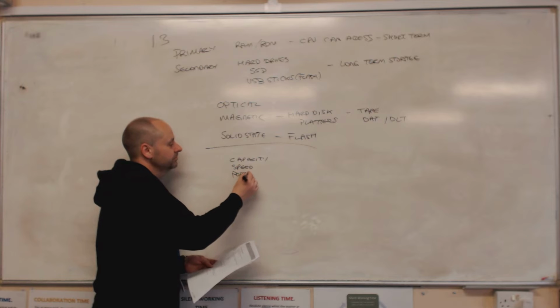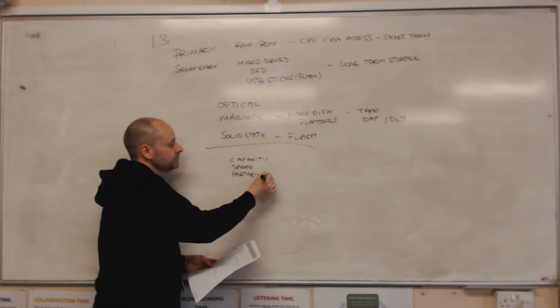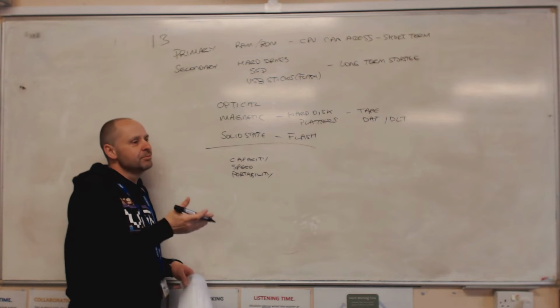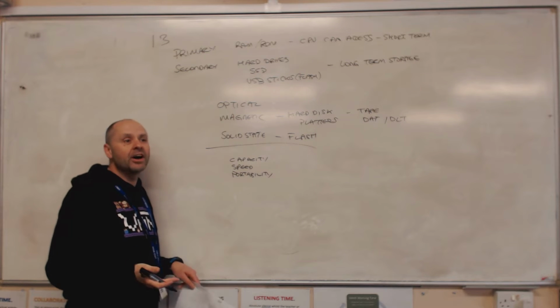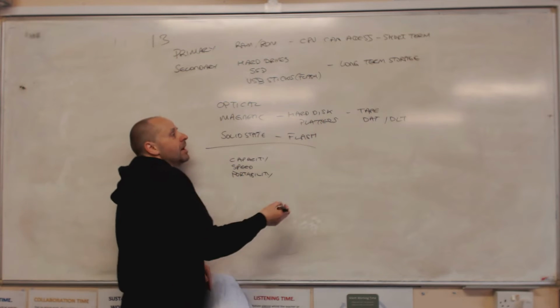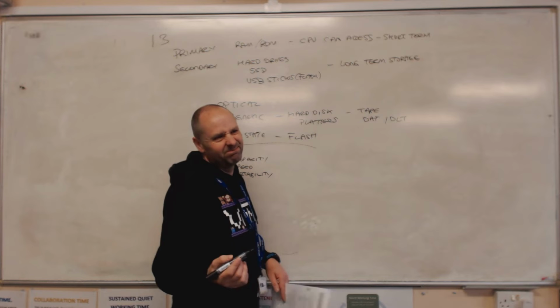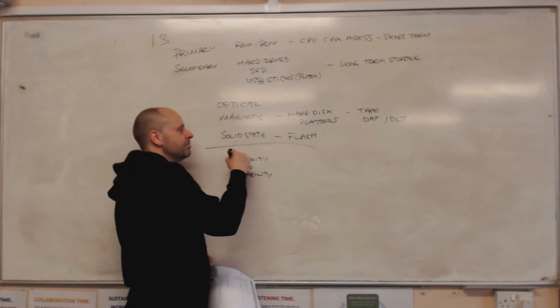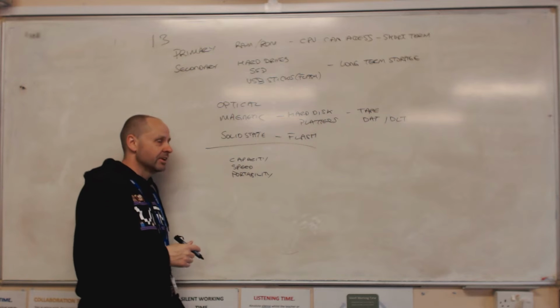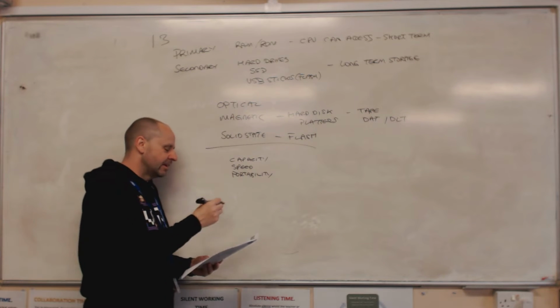Portability. Do we need to be able to move this data between different devices? If so, then you might use tape, but that's not very practical. But if you're going to move stuff around, you're going to want a USB stick, generally, if you're going to move it physically around.